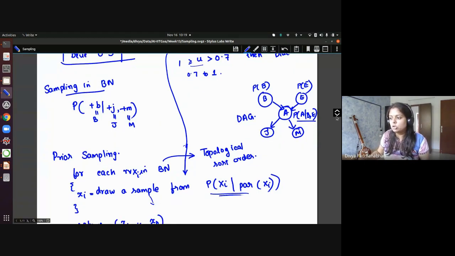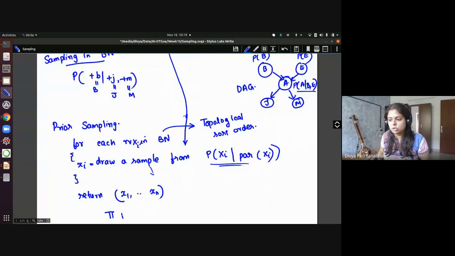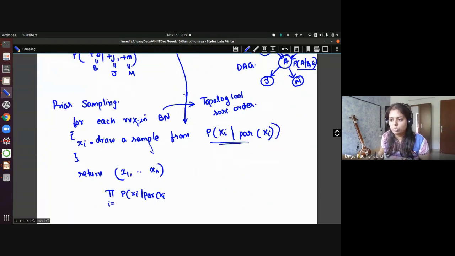Overall, the joint distribution is the product of P of Xi given parents of Xi, for i equal to 1 to n. This is indeed going to be the probability of each of these samples. So that's why this is a correct way to sample.